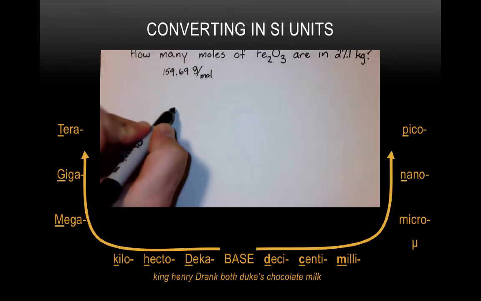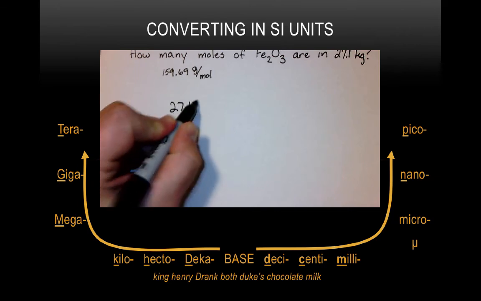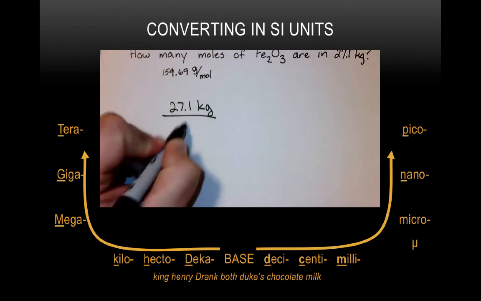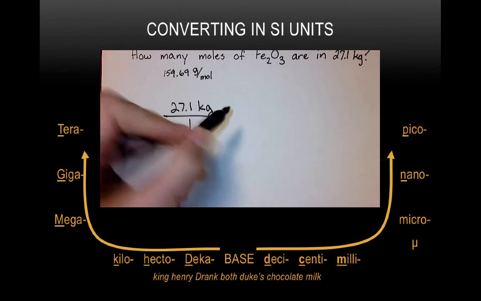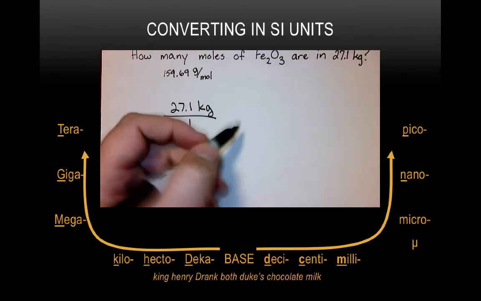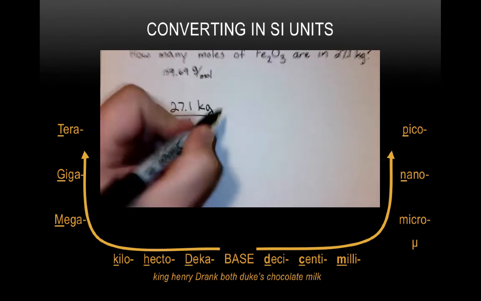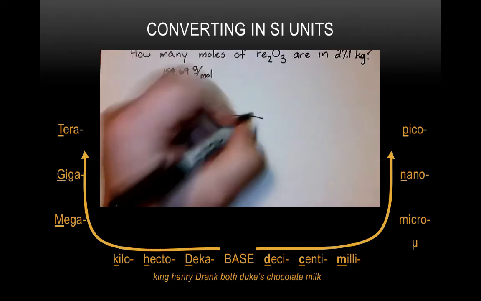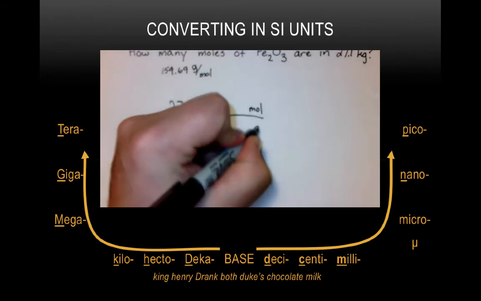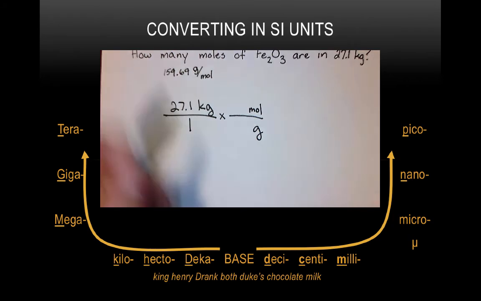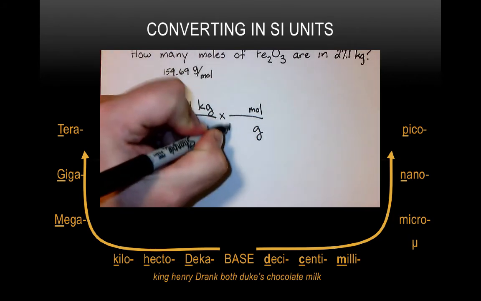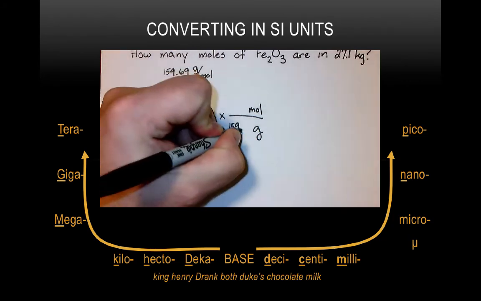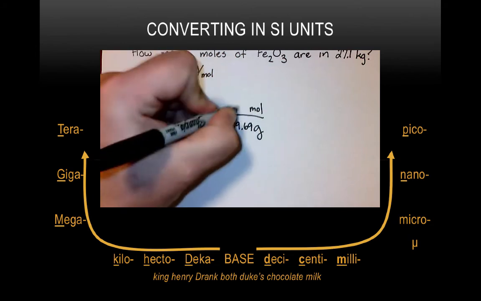I'm going to take 27.1 kilograms, set it over 1. And then I'm going to want to take a mass and use my molar mass. So, if I want moles on the top, I want grams on the bottom. I plug in my number, which I got from webqc.org, 159.69 grams in 1 mole.